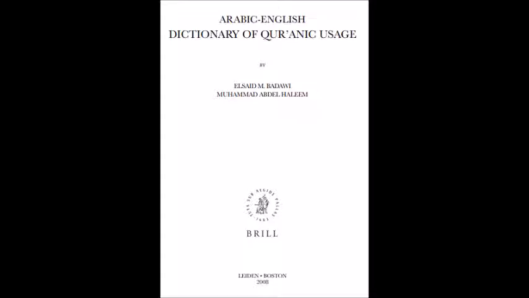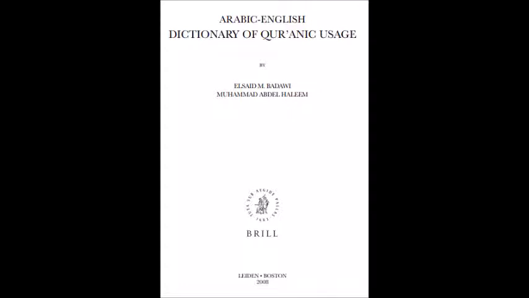This is a very academic work, about 752 pages, published by Brill, which is an academic publisher, and it's quite modern, so it was published in 2008 in Leiden and Boston. So I will use this 750 page book coupled with that 160 page book in order to give you every single Quranic Arabic word.